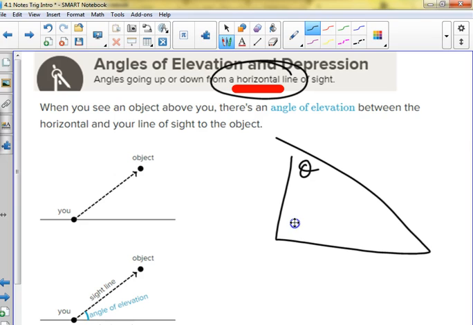Not a horizontal line. Can't be either one. You can draw this and say this is an angle of depression and this one is an angle of elevation, and they are equal because they're alternate interior angles. Remember some geometry? They make that Z thing. But they can never be the angle with the vertical line.